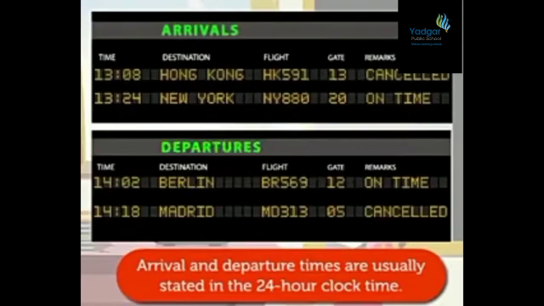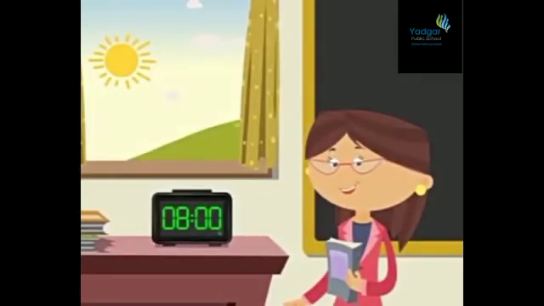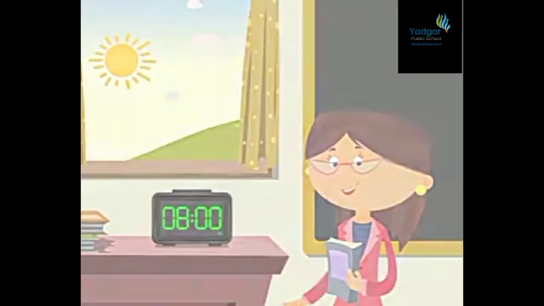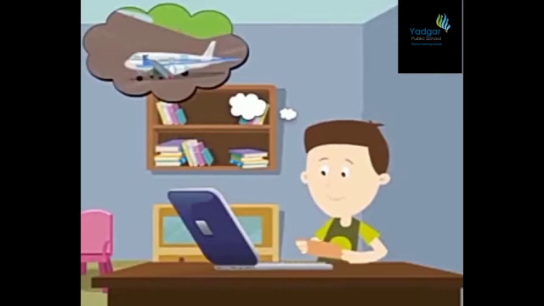Arrival and departure times are usually stated in the 24-hour clock time. Let's understand it in a better way with an example. Andy is traveling to Delhi by plane.